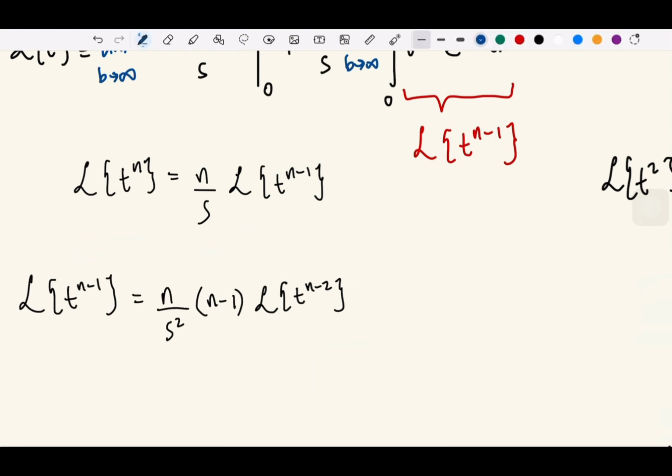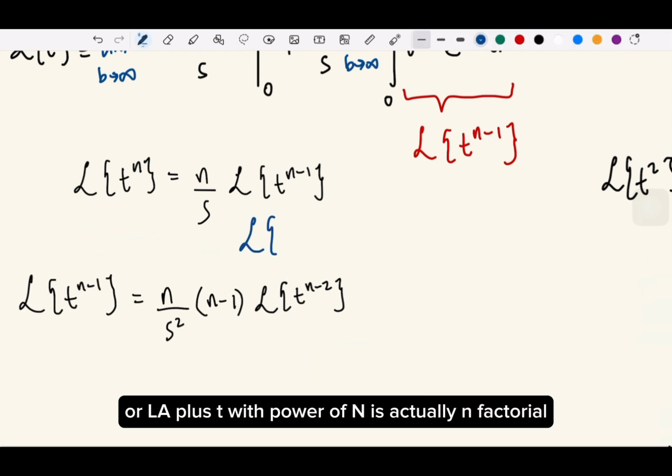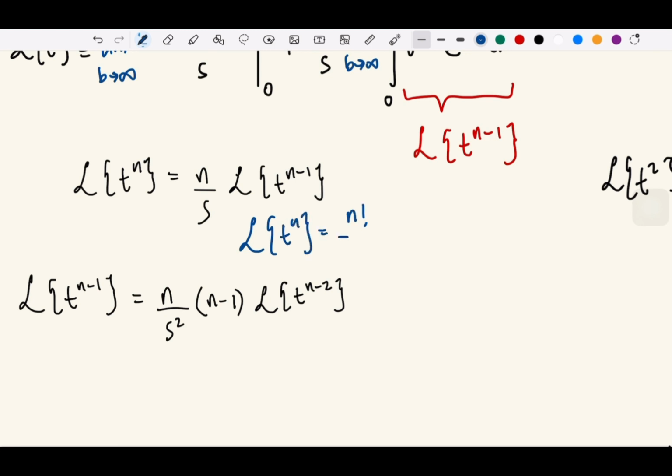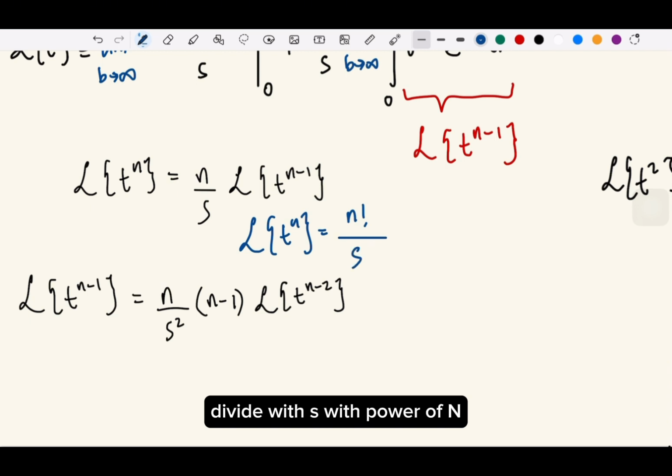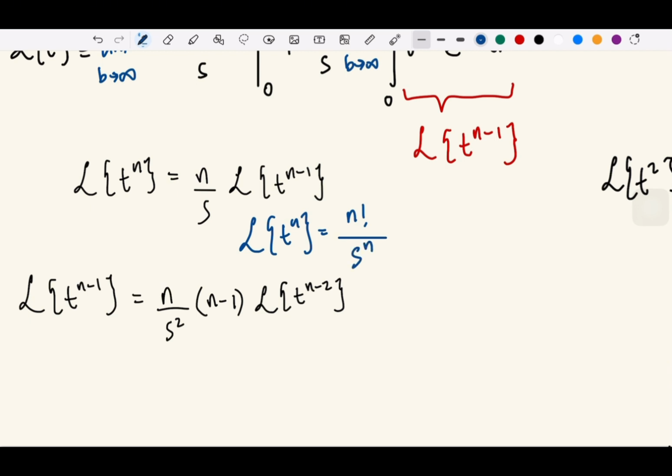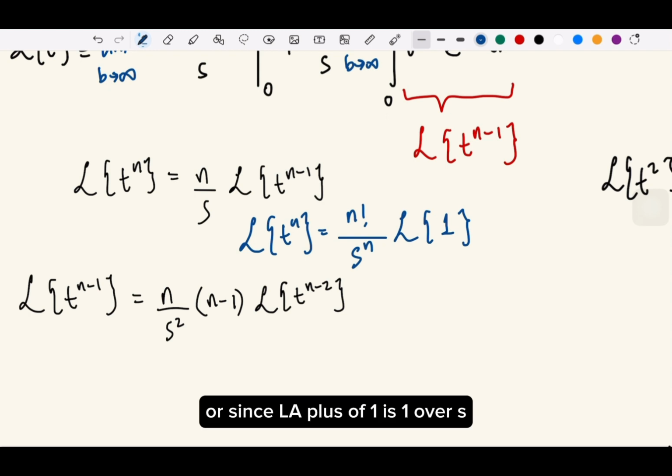The Laplace of t to the power of n is n factorial divided by s to the power of n, and Laplace of 1 is 1 over s.